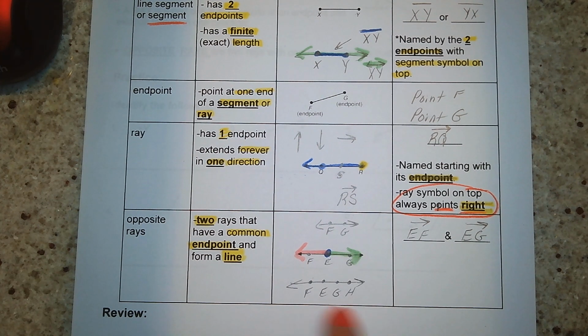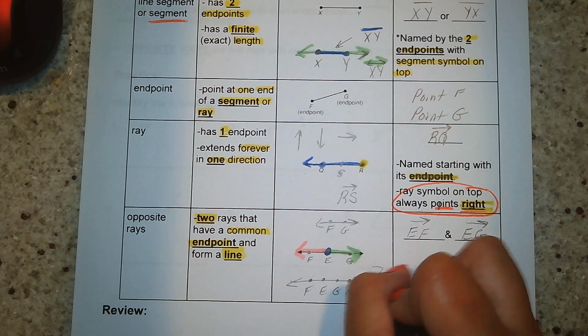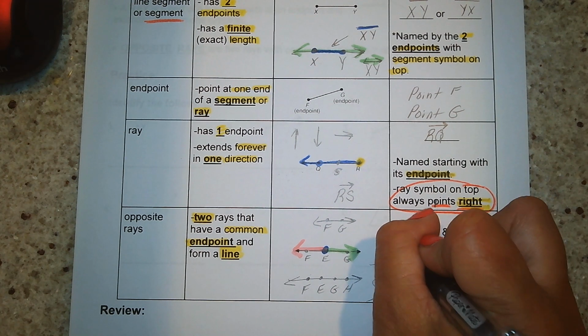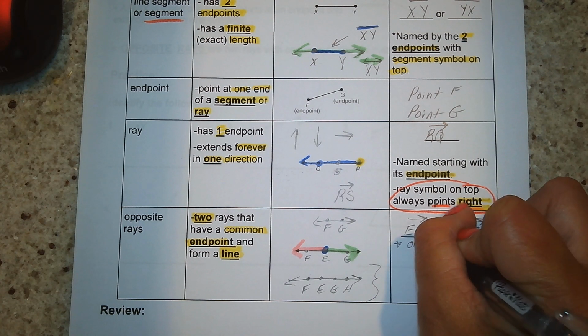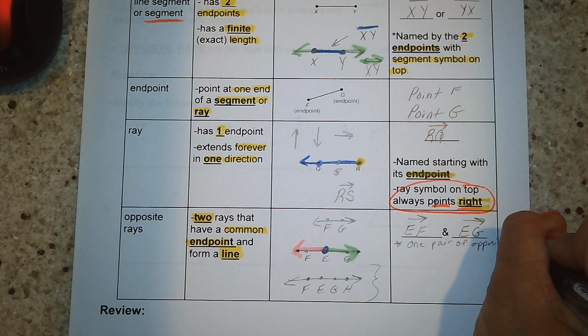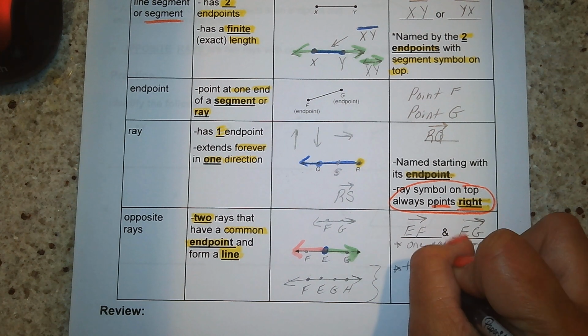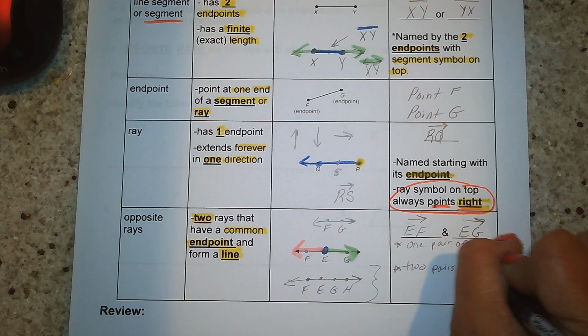You have to have at least 3, but if you have more, you end up with more pairs of opposite rays. So for example, in this case here, this case only has 1 pair of opposite rays. But this one's going to have 2 pairs of opposite rays.